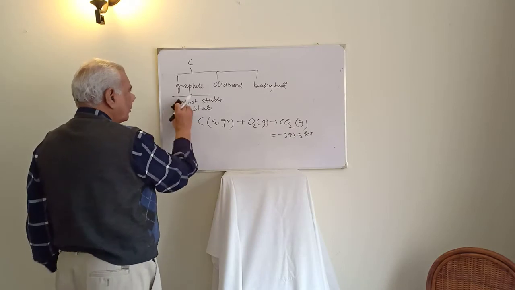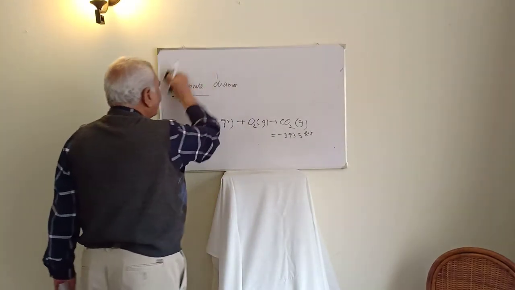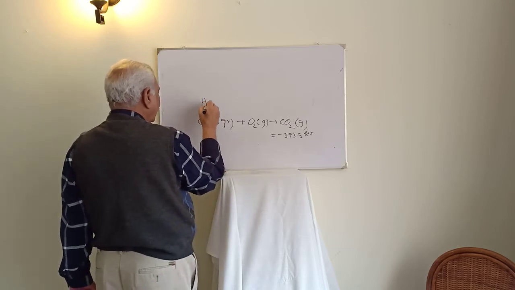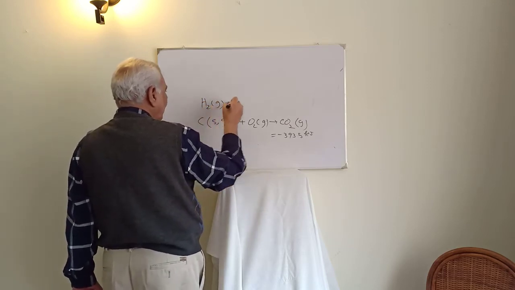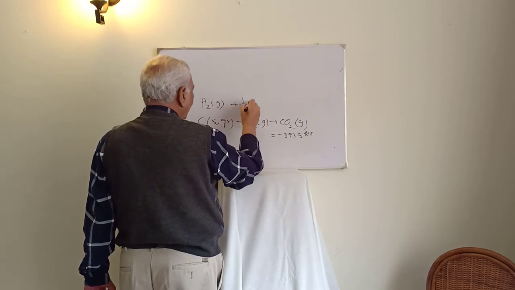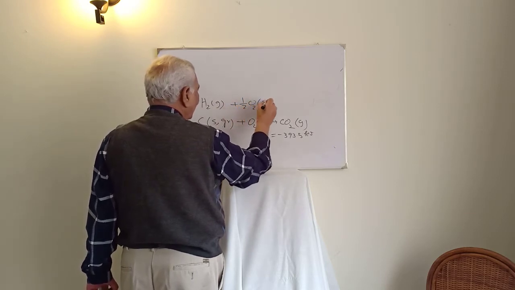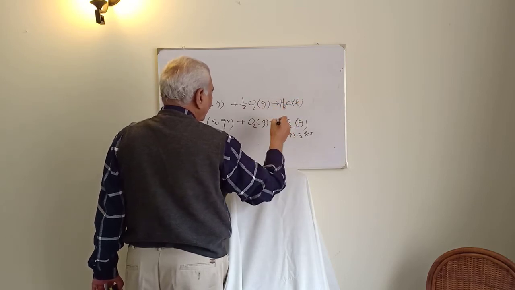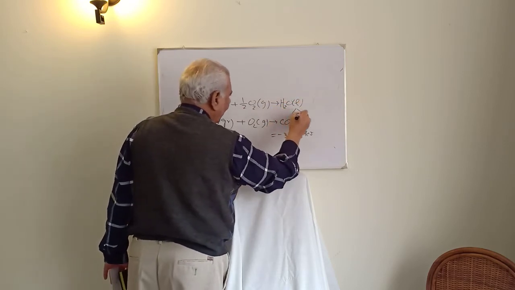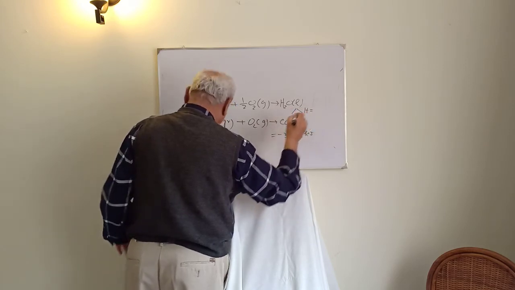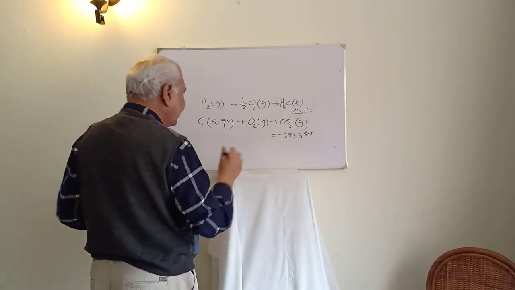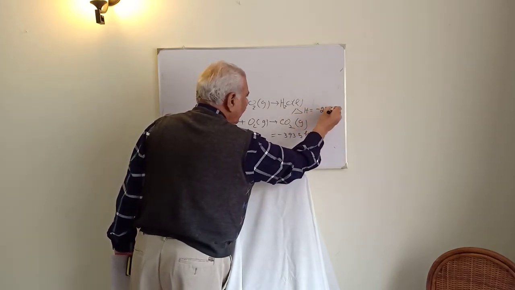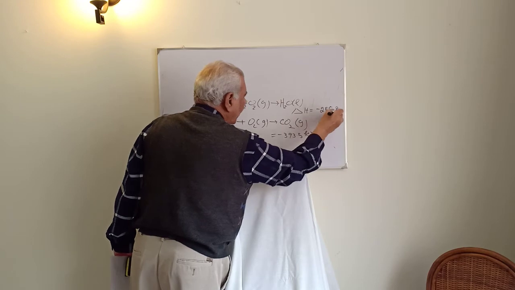Similarly, H2 gas plus half O2 gas gives H2O liquid, and here delta H is minus 285.8 kJ.